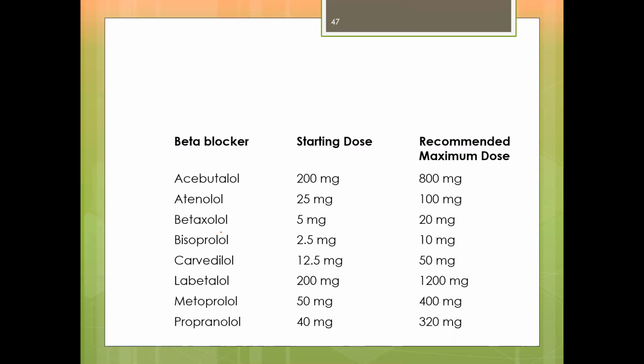These are some of the commonly used beta blockers: esmolol, atenolol, betaxolol, bisoprolol, carvedilol, labetalol, metoprolol, propranolol. This is just a brief recap; you can revise beta blockers from the lectures on antihypertensives and other lectures.